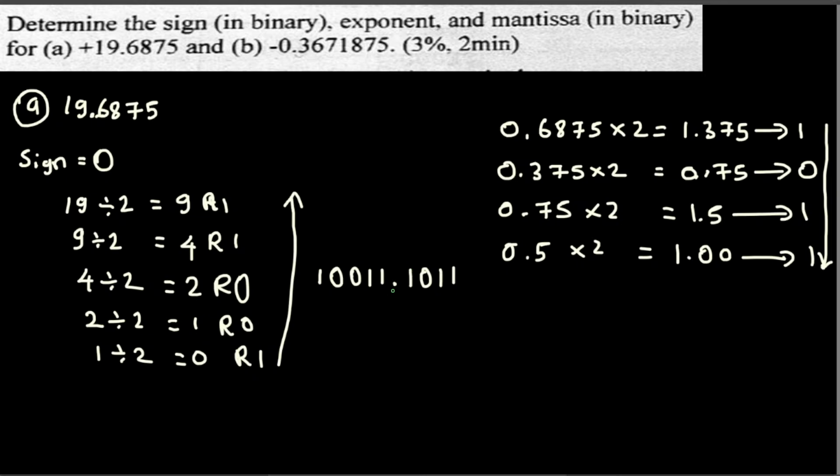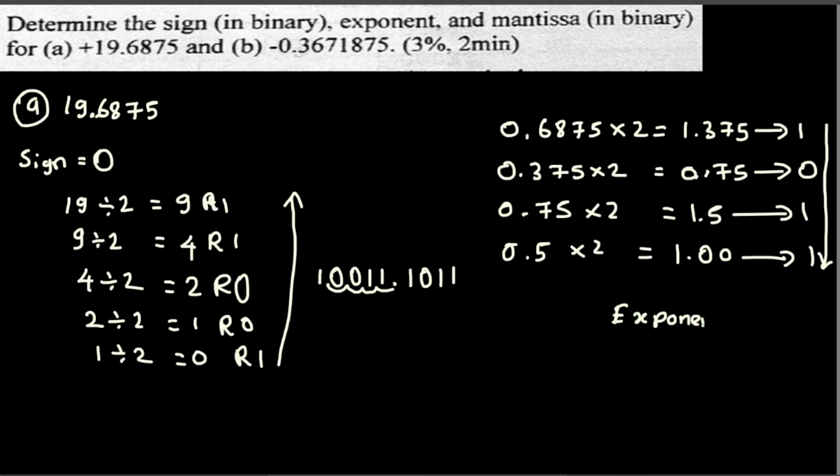To find the exponent, we have to move this decimal point to just after the first one. The first one is located right here, so we move the decimal point right here. To move that, 1, 2, 3, 4, I had to cross 4 digits, so the exponent is positive 4 since we are moving to the left.